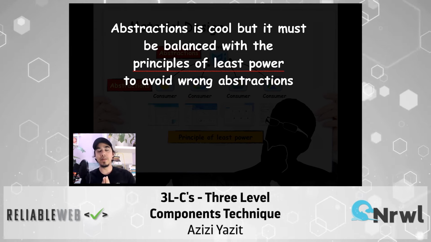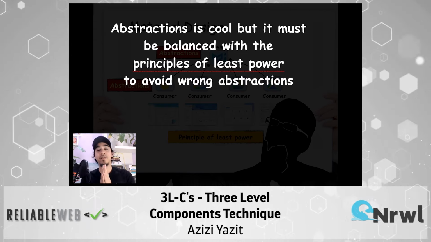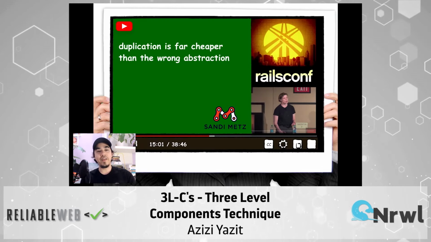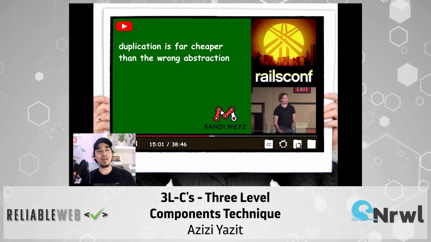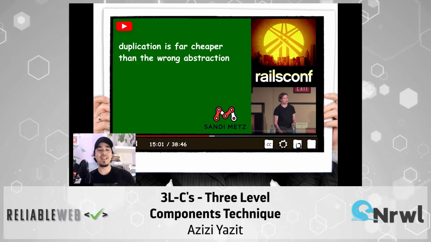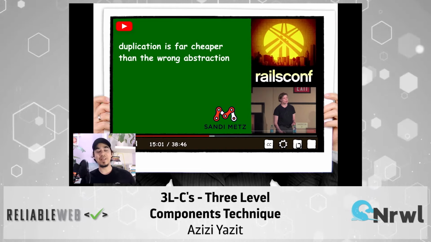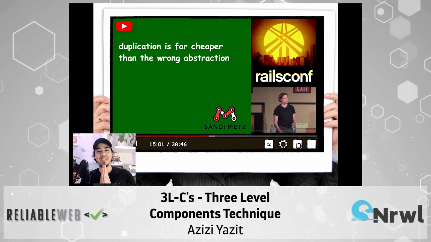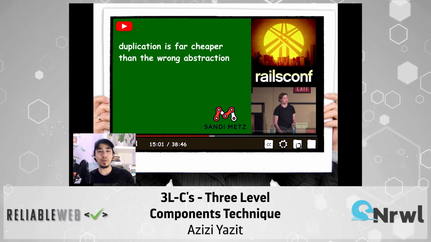Abstraction is cool, but it must be balanced with the principle of least power to avoid wrong abstractions. In fact, if the people who suffered from a wrong abstraction could turn back to the initial starting point, they would choose the least power solution.